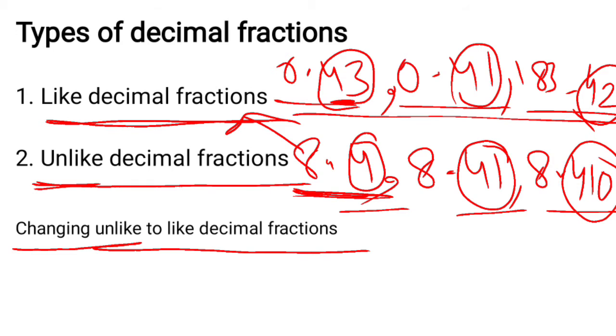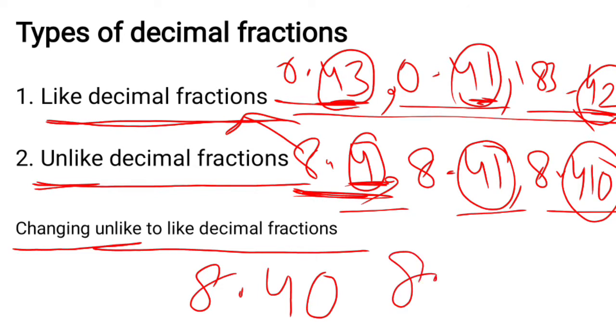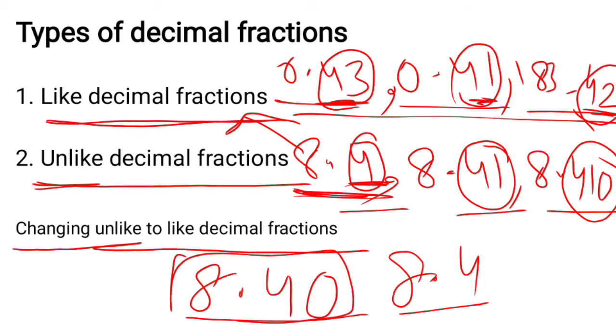Like there is only one decimal place here, so we will add just one extra 0, like 8.4, we will make it 8.40. There is no difference between 8.4 and 8.40. If we add another zero, there is no difference, but it is represented as a two-digit decimal place, so it becomes a like fraction.